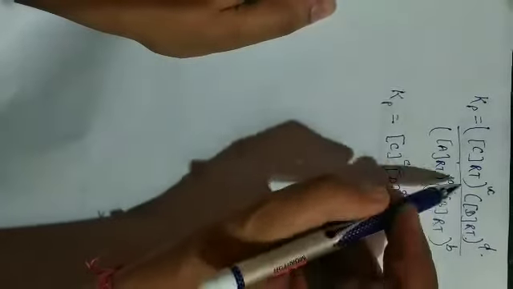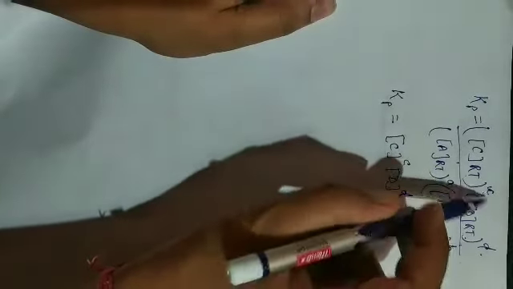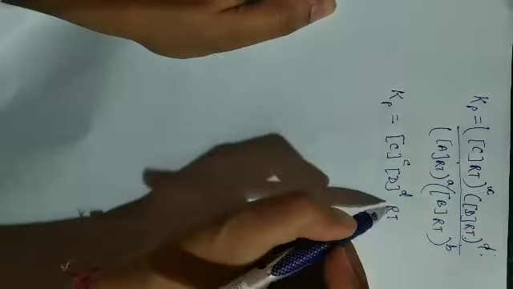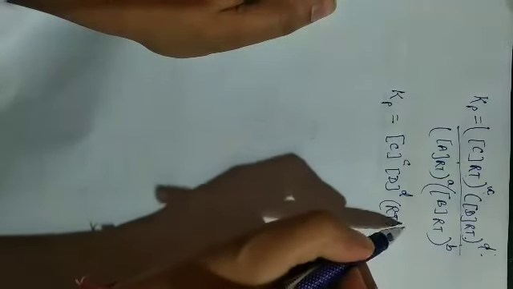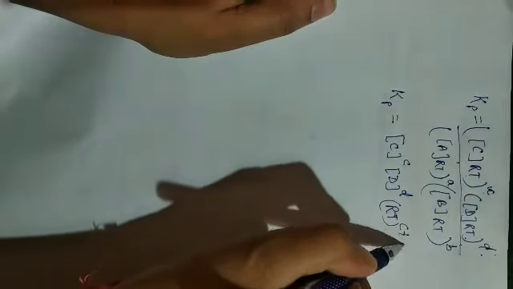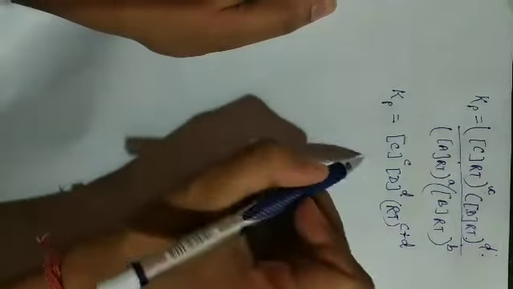Both are RT, the common term, so their powers must be added, because they have the same base. So RT to the power c plus d, divided by the same thing in the denominator: concentration of A to the power a into concentration of B to the power b, and RT is common again, and their power will be a plus b.